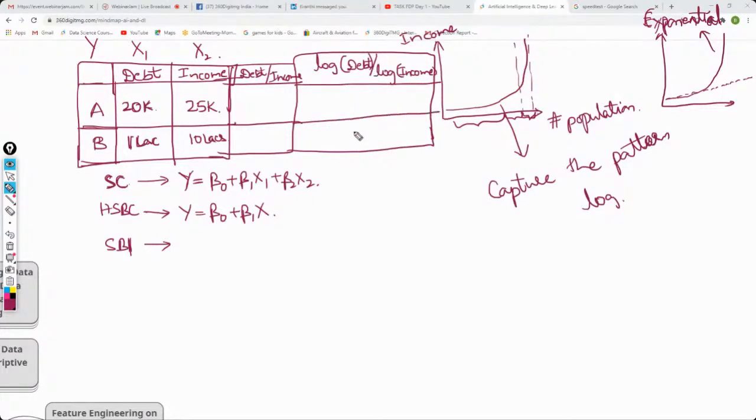Then if you build a model, y is equal to beta naught plus beta 1 into x, where x is simply log of debt divided by log of income. Simple.